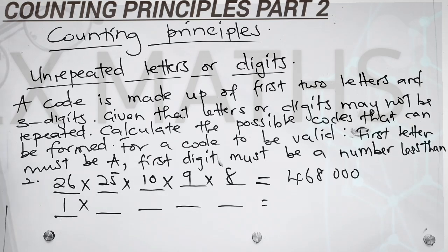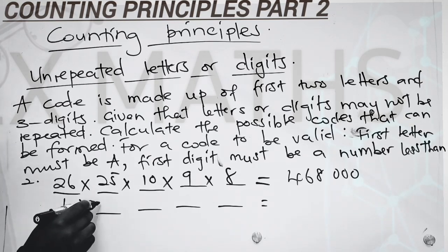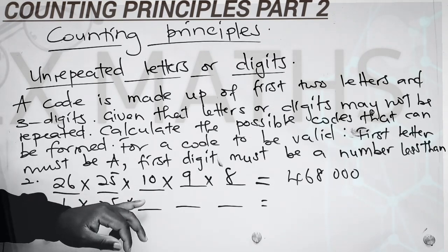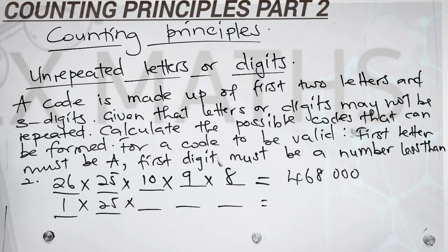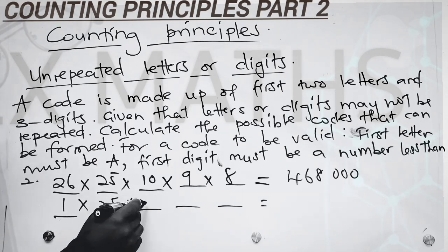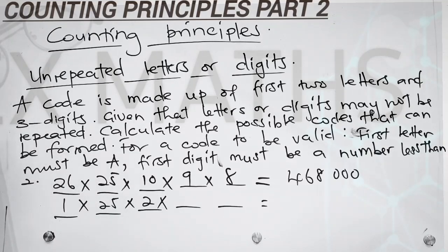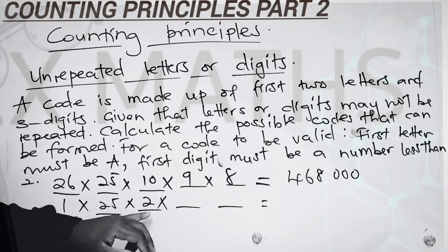Then we are left with 25. Then they say the first digit must be a number less than 2, so we have 0 and 1. So here we are arranging 2 digits.